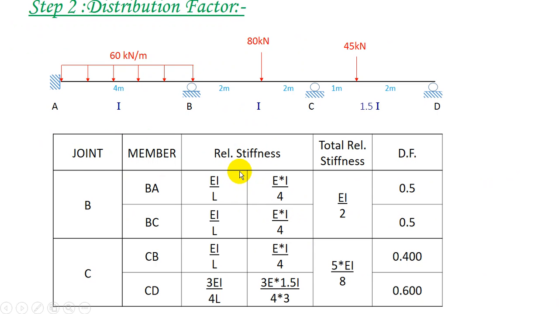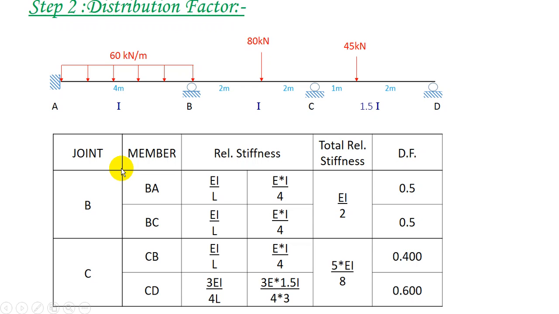Step 2 is distribution factors. What distribution factors basically give us is how much contribution of the members is there for resisting the loads. I'll explain it to you later on in this video tutorial, but let us now concentrate on how to find distribution factor.